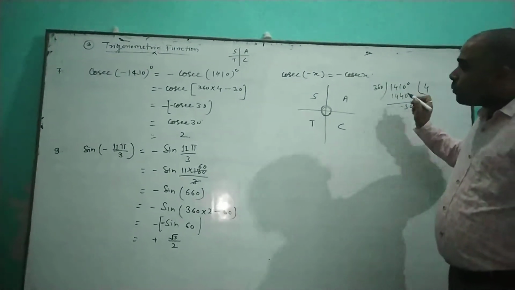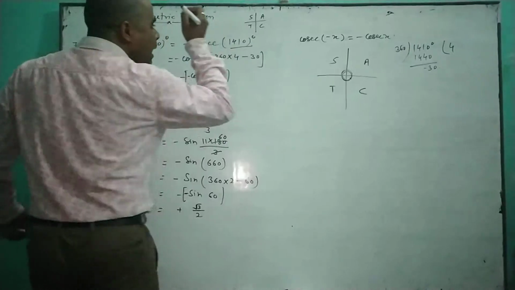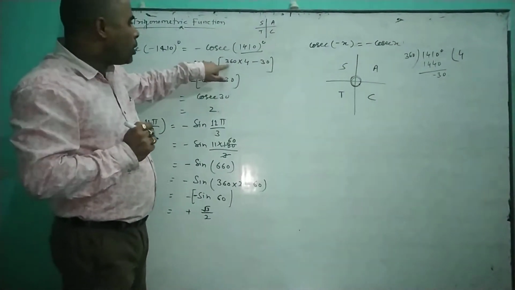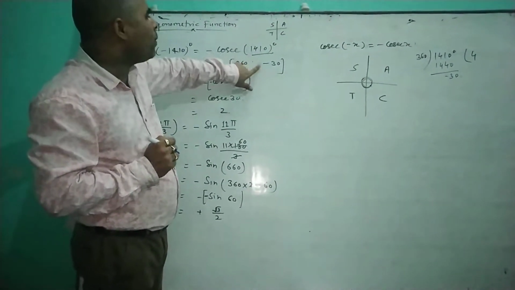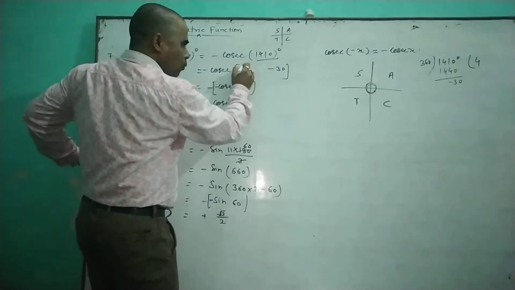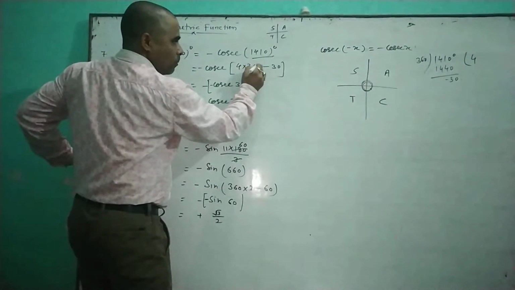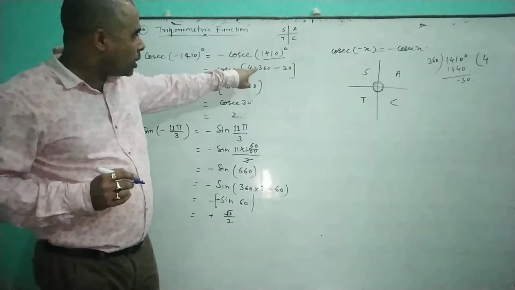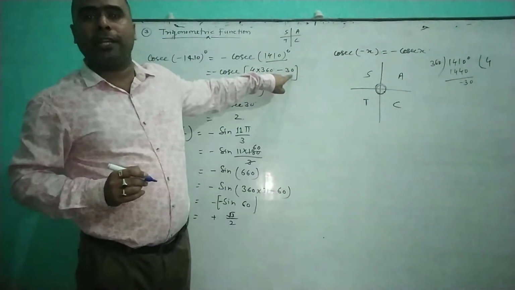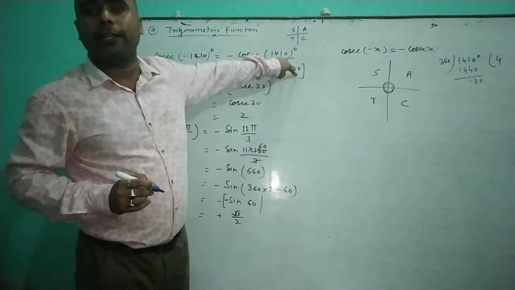It means we have to write this angle in the form 360 into 4, or 4 into 360 minus 30 degree, which gives 1410 degree.